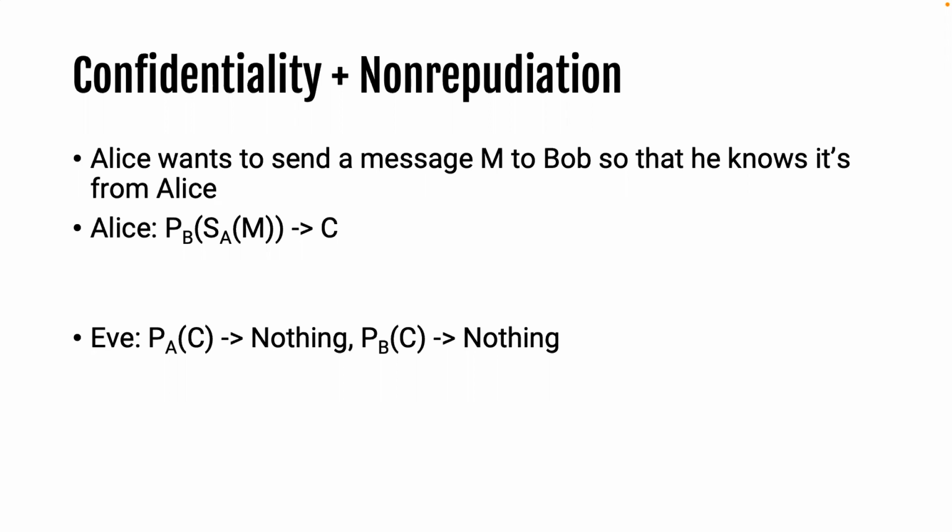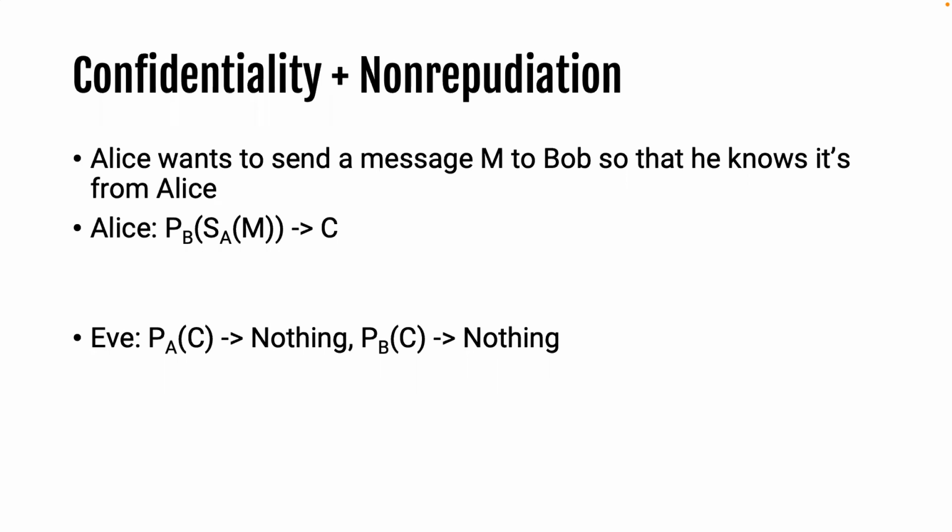And then Alice is going to use Bob's public key, meaning that Alice wants to encrypt the message so that only Bob will be able to decrypt it. Okay? And then let's just denote it as C. And then this message is going to be sent to Bob.